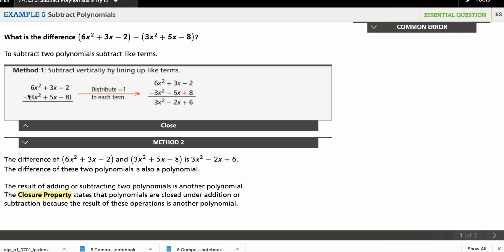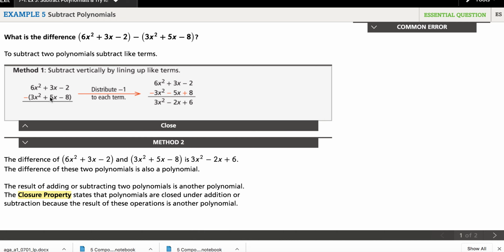As you see here, in front of this parenthesis is a negative sign, but there is an invisible 1, so this should be -1. We are multiplying -1 to each term inside, and we get -3x squared, -5x.